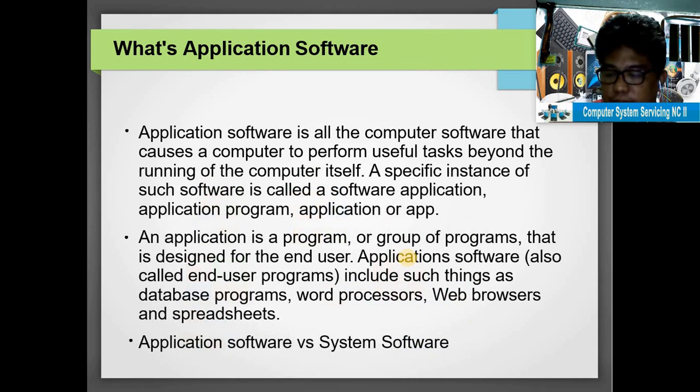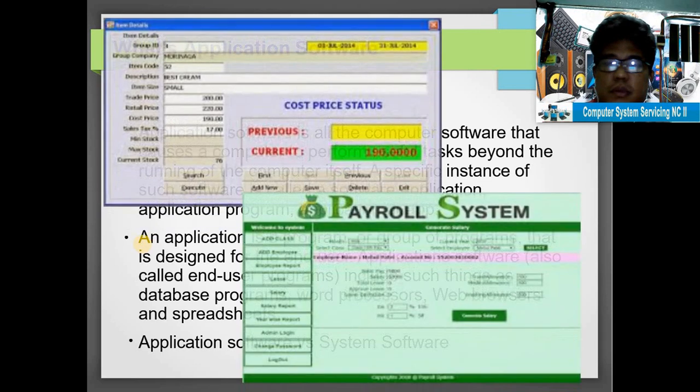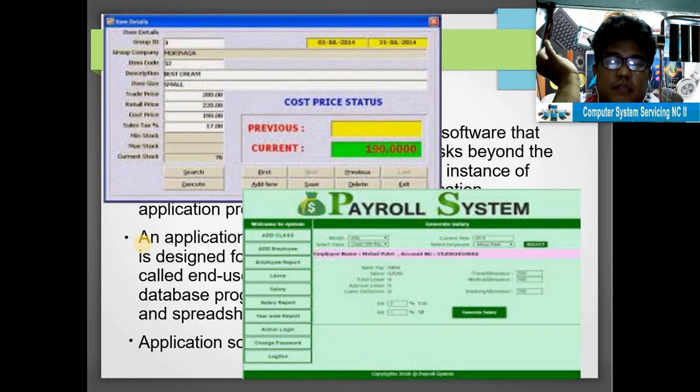Next we have application program. Okay. So example of application program are the one which are created by computer science students or computer science professionals or programmers.